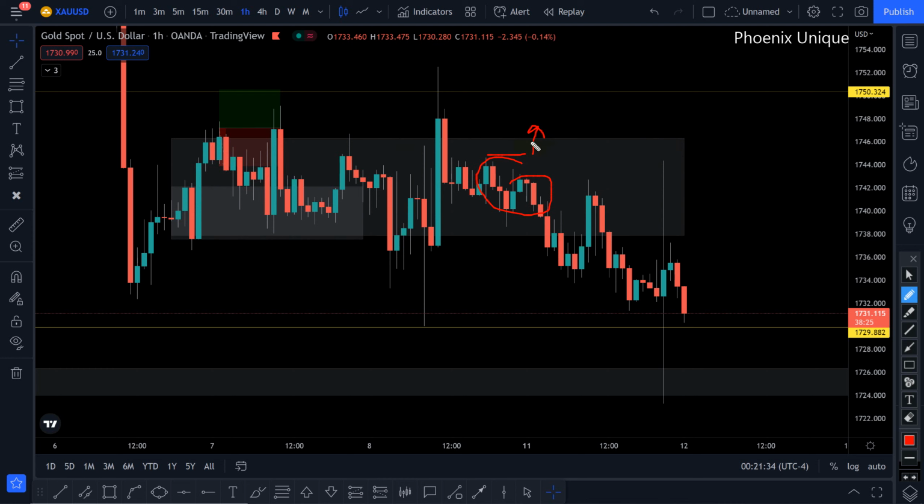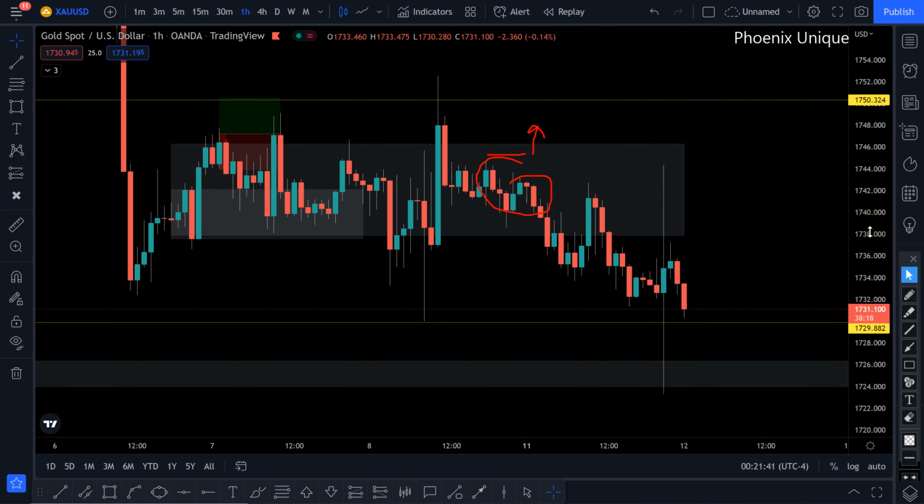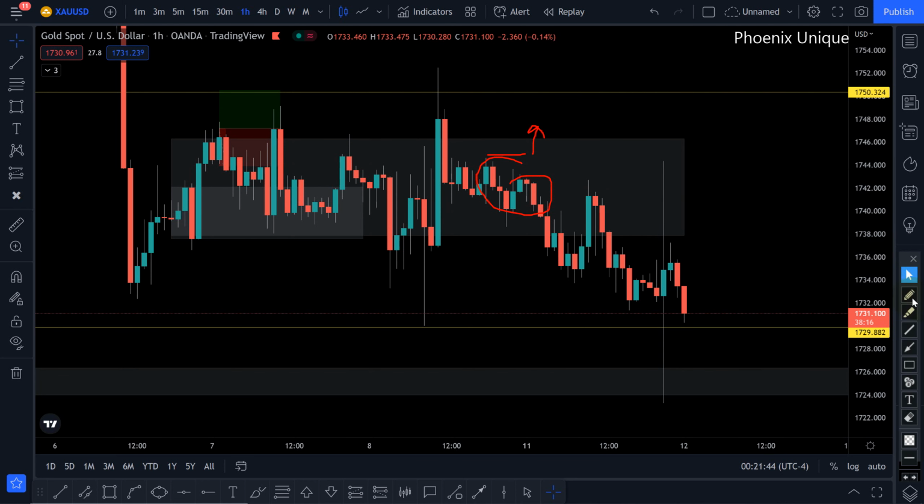And I generally advised myself that I was going to stay out of any gold trade. And as you can see, gold has just been doing what it's doing without actually giving any main direction.